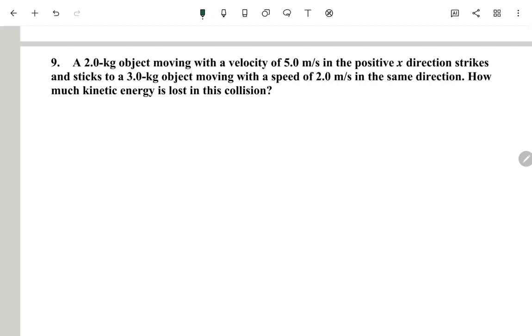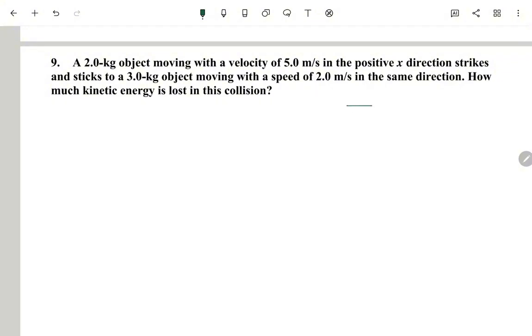A 2 kilogram object moving with a velocity of 5 meters per second in the positive x direction strikes and sticks to a 3 kilogram object moving with a speed of 2 meters per second in the same direction. How much kinetic energy is lost in this collision? Now here's the situation.